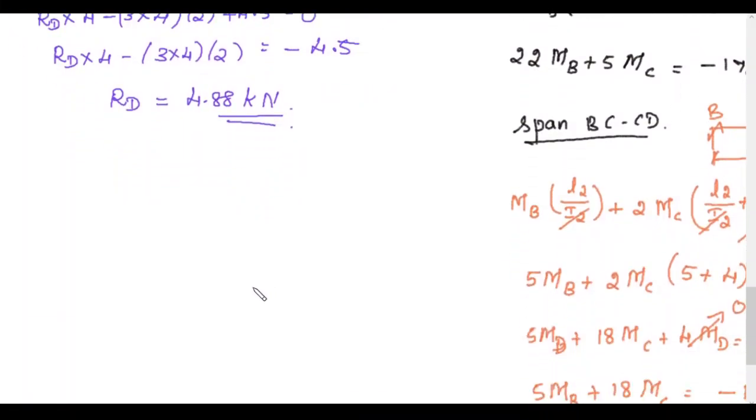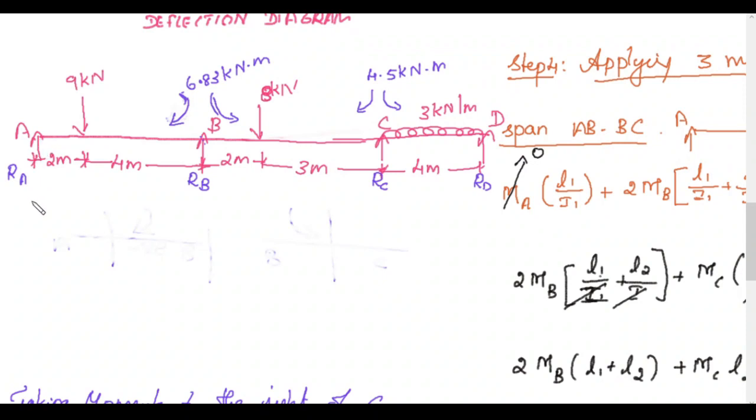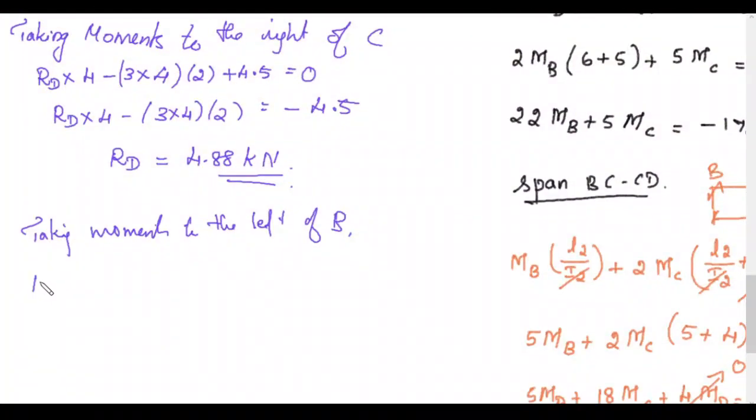Now coming to taking moments to the left of B. Left of B, we have RA into 6 minus 9 into 4, plus 6.83 is equal to 0, or RA into 6 minus 9 into 4 is equal to minus 6.83.